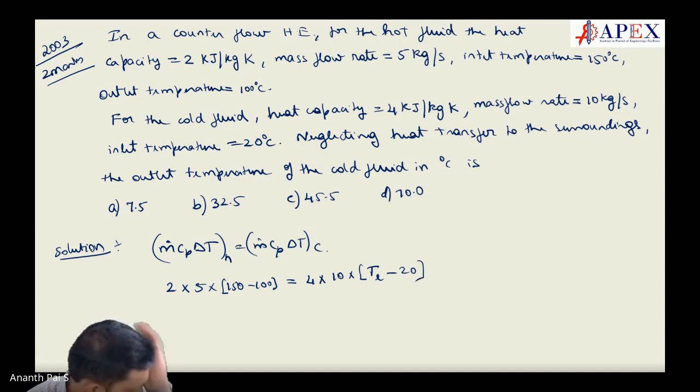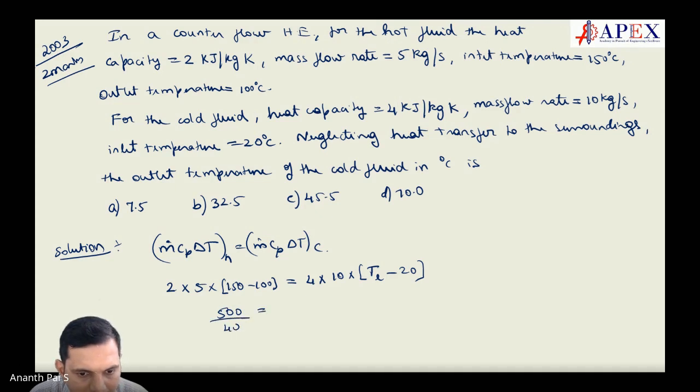Correct. The only thing is that you have to find. So this same thing is it not 2 into 5? No, it's 4 into 10. So it's different. Okay. So you get 150 minus 100, 500, divided by 40 plus 20 is T exit.